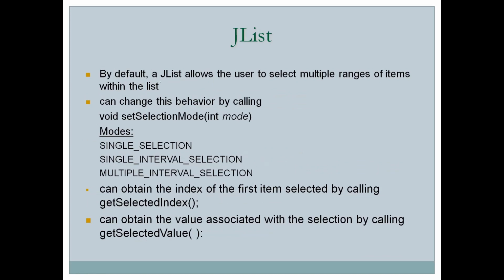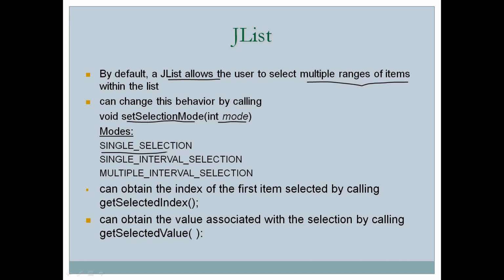Now by default a JList allows the user to select multiple ranges of items, meaning multiple items can be selected from a JList by default within the list, and this behavior can be changed by using a method called setSelectionMode, and we have to pass the mode, that is an integer value of a mode, as an argument. Now what can be the modes? We can pass the mode as SINGLE_SELECTION. If it is single selection, you can select a single item from the list.